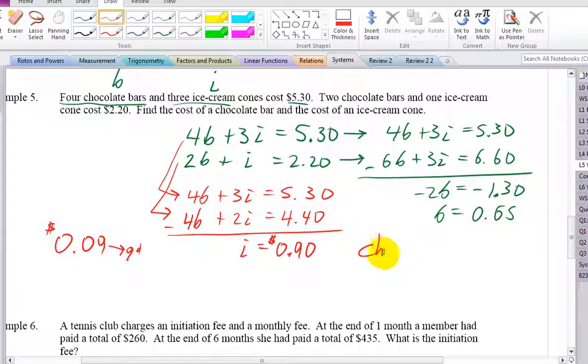So we can say the chocolate bar is 65 cents. Make sure you put a $ in front. That goes in front for all you Frenchies. And ice cream cone is $2.90.